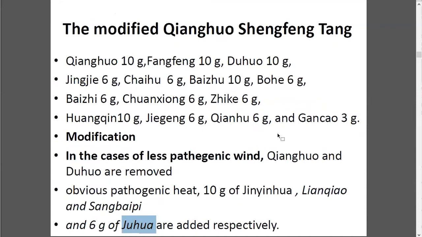So basically, 枳壳 moves qi a little bit downward, and 桔梗 moves qi upward, like qi circulation there.